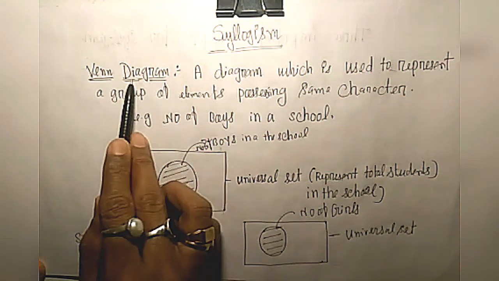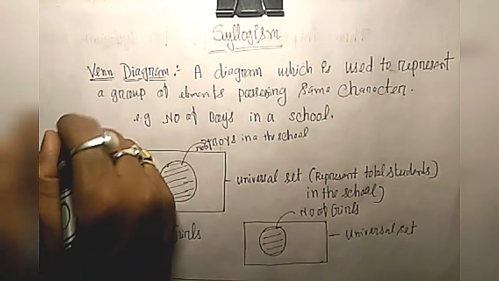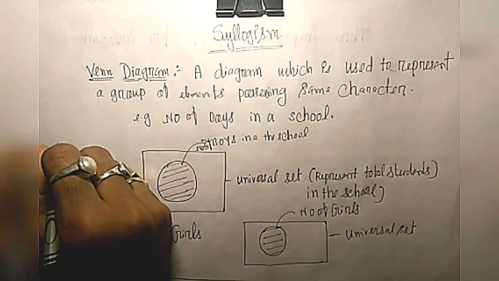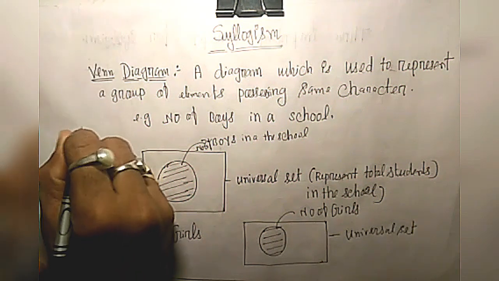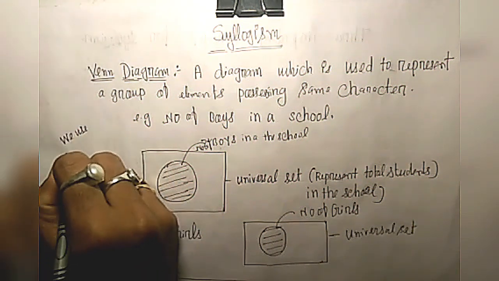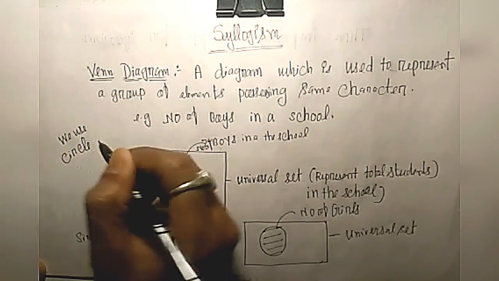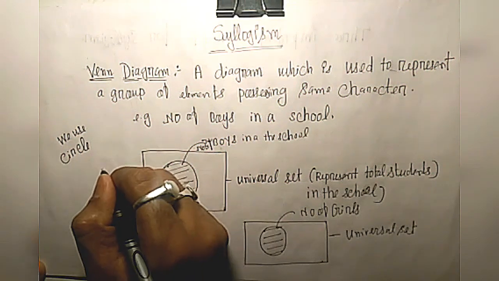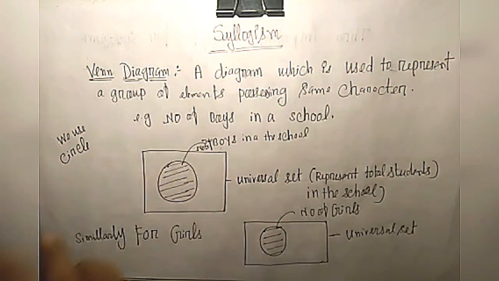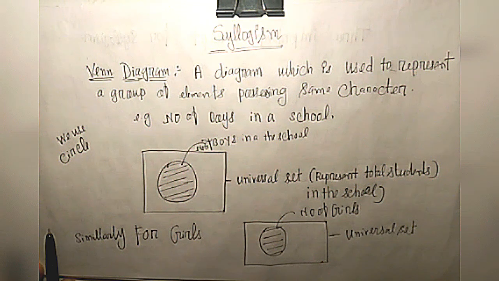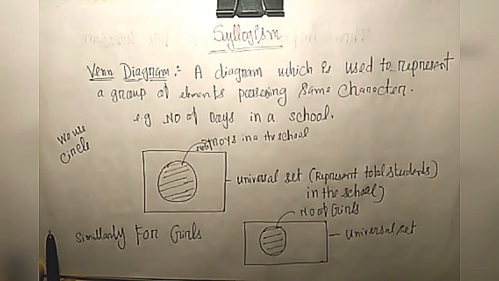So in a Venn diagram we use circles to represent particular groups, and the rectangle means the universal set, the largest group. For this example, the largest group represents the total number of students in the particular school. This is the universal set.